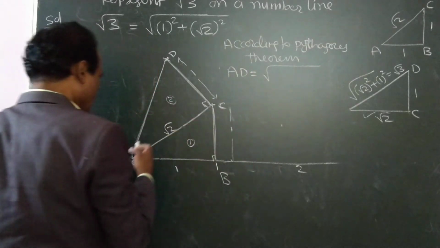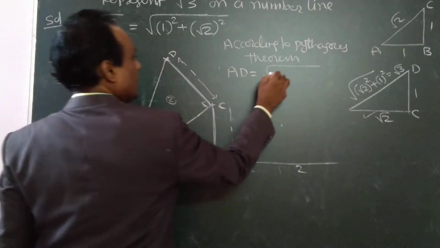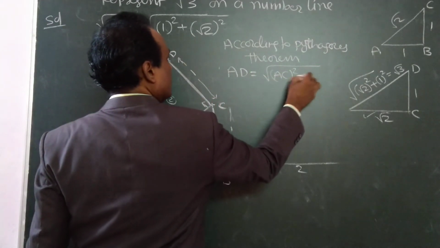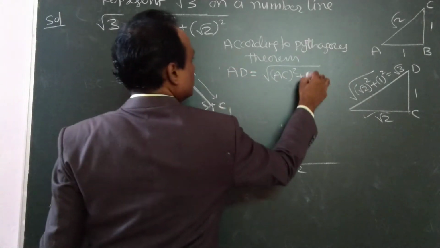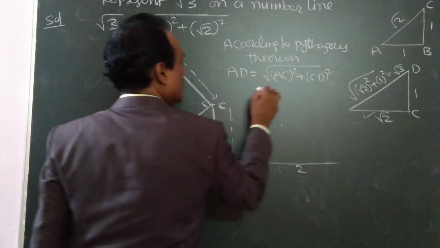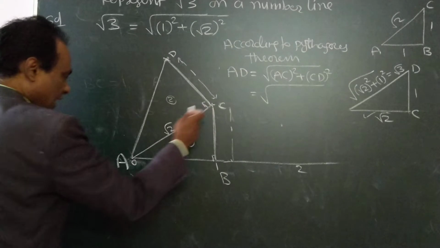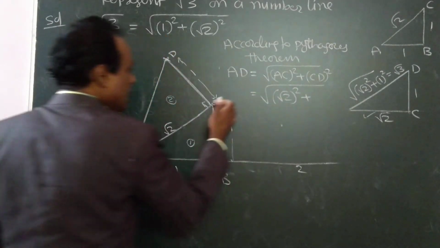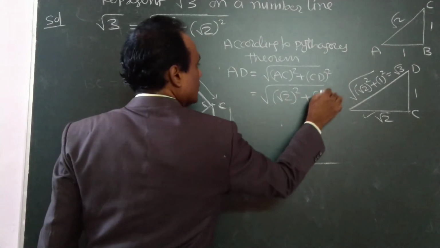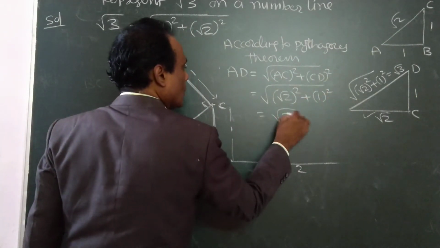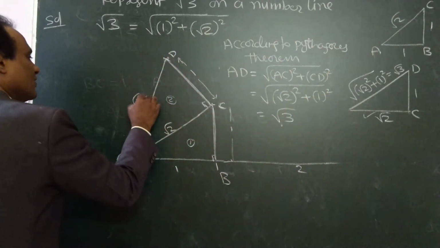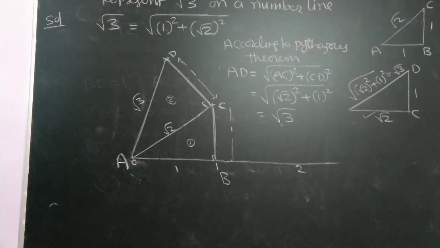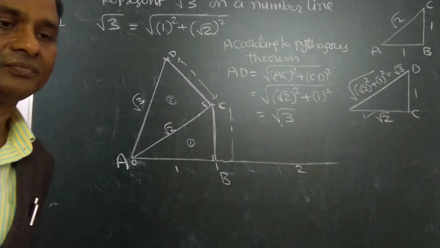AD is root of AC square plus CD square. So AC is root 2, CD is 1, total root 3. This is the root 3 answer. Write and understand. Write down.